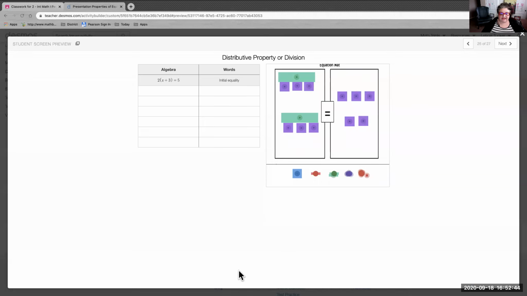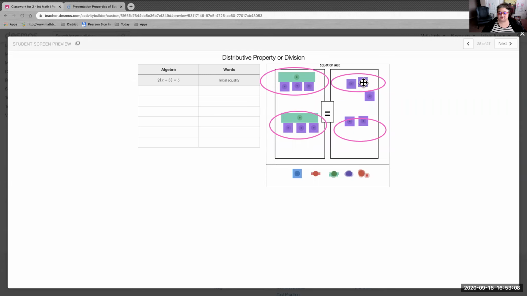So I can divide, this one seems to be okay on this side. I can divide this side into 2. Well, I mean, there's 2 there, duh, right? But I need to divide this side into 2 also. This is where I'm going to have a problem.